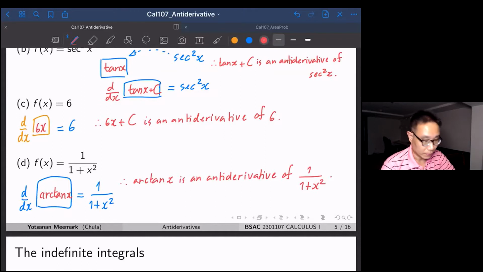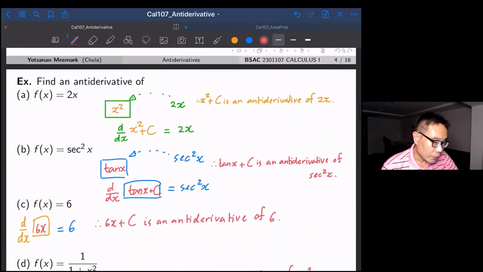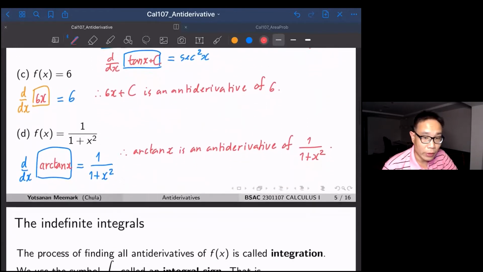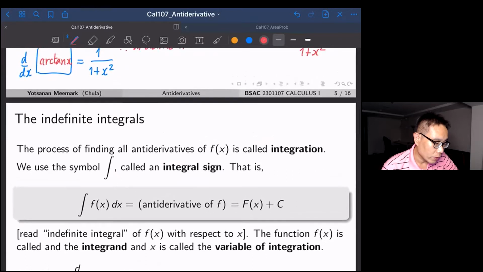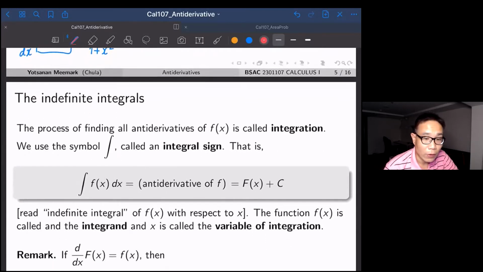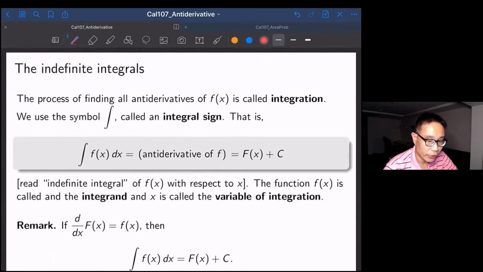That's all. The next one will be the notation that we shall use for this course. So we're going to talk about the thing called the indefinite integral. The indefinite integral is the notation that we will use for the antiderivative of f.